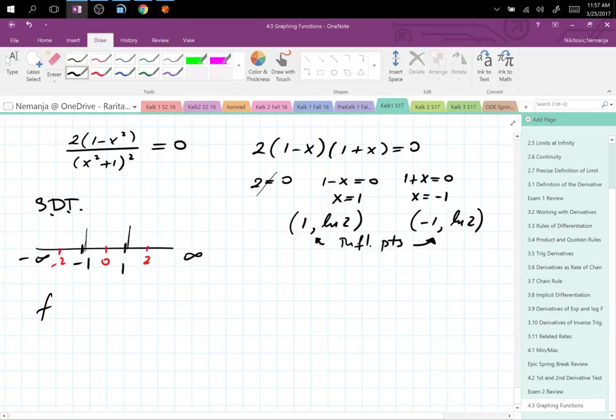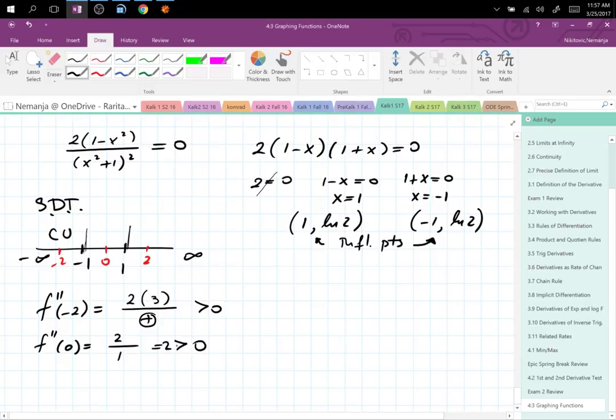So now second derivative computed at negative 2 is going to be 2 times 3 divided by a positive number, so larger than 0, concave up. Second derivative computed at 0 is 2 divided by 1, which is again positive, concave up.